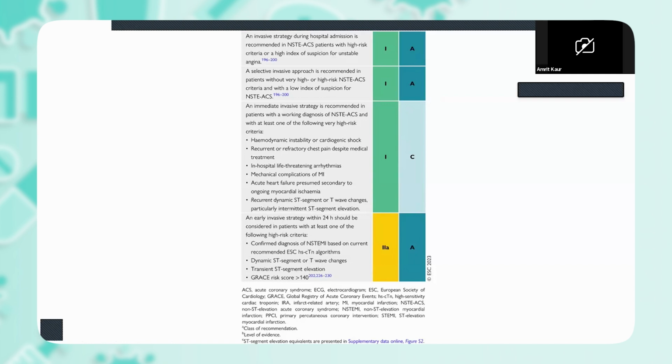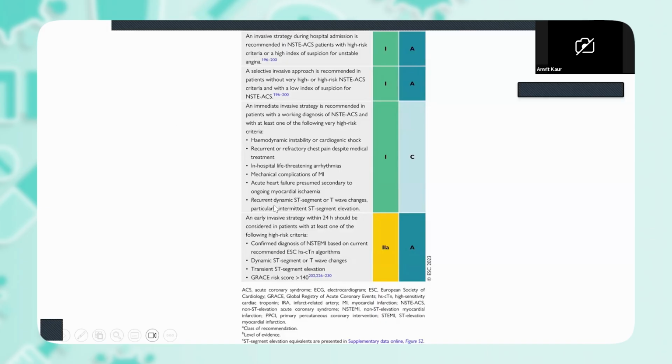If they have any of the following: hemodynamically unstable, cardiogenic shock, persistent chest pain despite giving medical therapy, and the same points: arrhythmias, mechanical complications, acute heart failure, cardiac arrest, recurrent dynamic ST-T changes, their ECG keeps changing, they should be taken for an immediate PCI.